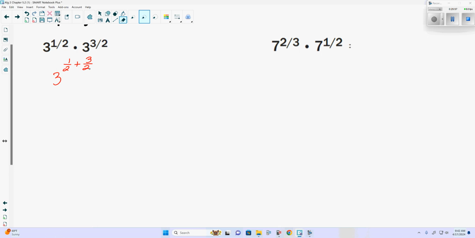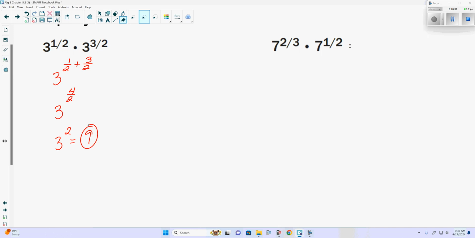So 1/2 plus 3/2 is 4/2, which is 2, which is 9. 3 squared is 9. Because if we get a nice number, an integer, you want to simplify it all the way down. It also means I could have plugged 3 to the 1/2 times 3 to the 3/2 into the calculator, and it would have given me 9 to begin with.